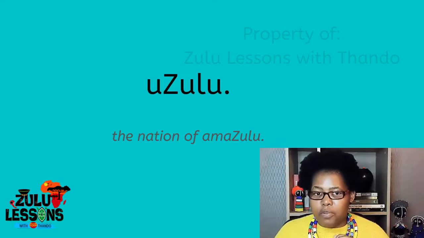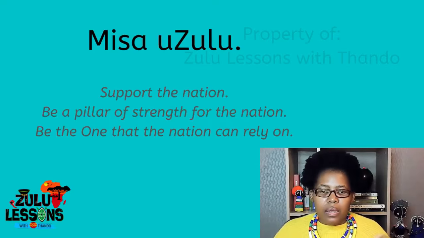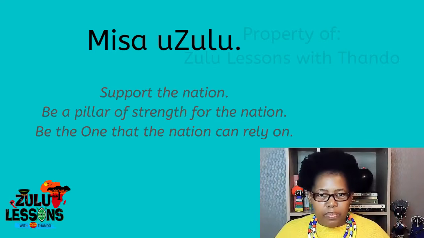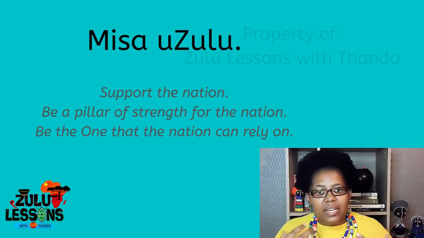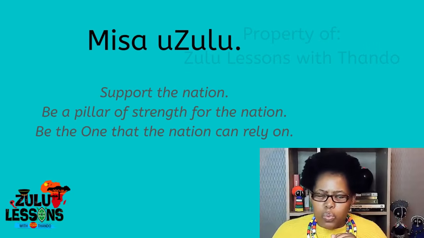So if I give you the instruction and say, Misa uZulu, I am now saying, support the nation, be a pillar of strength for the nation, one that the nation can rely on. So now we have Misa uZulu.